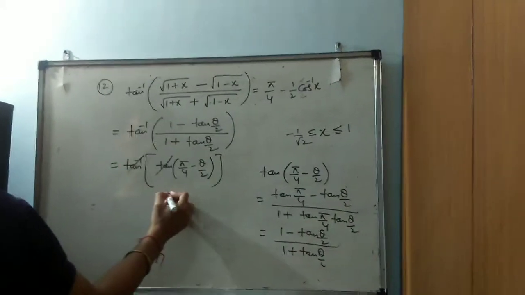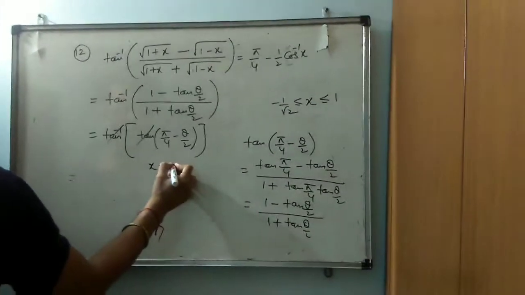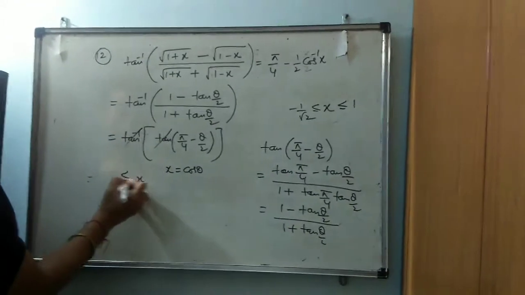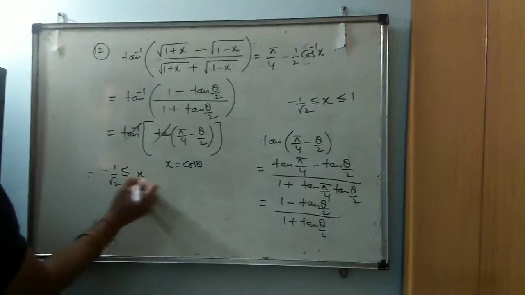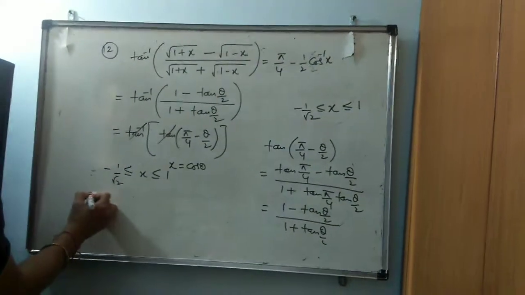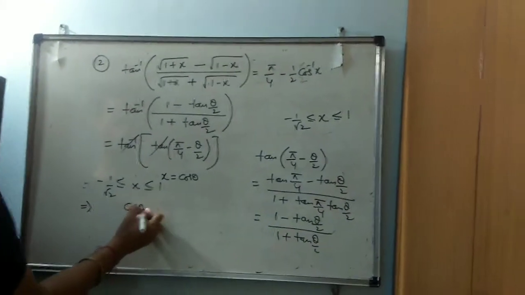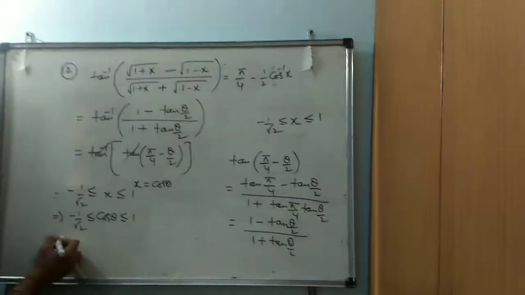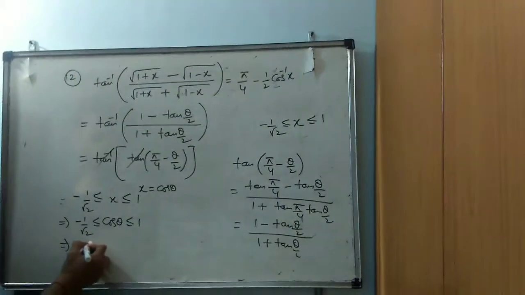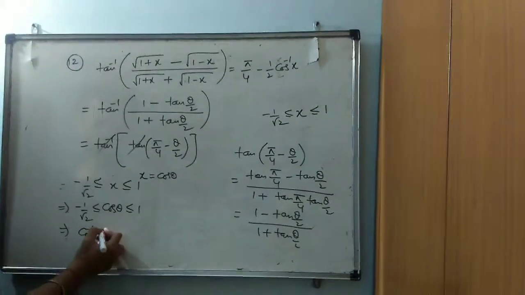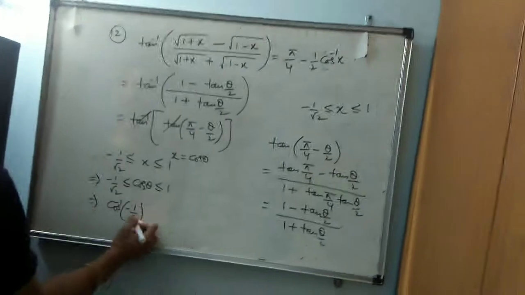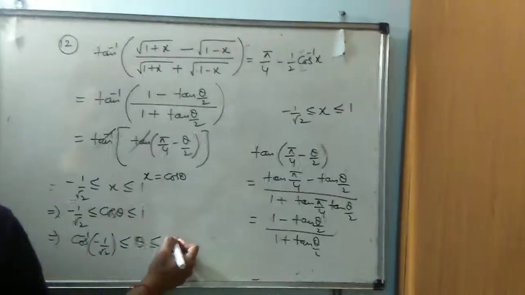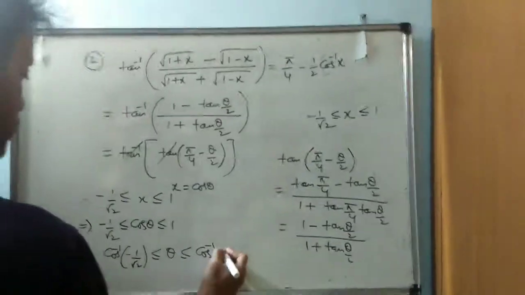We have assumed x is equal to cos theta, and x is lying between minus 1 by root 2 and 1. Therefore our cos theta will lie between minus 1 by root 2 and 1. This implies cos inverse of minus 1 by root 2 is less than or equal to theta, which is less than or equal to cos inverse 1.